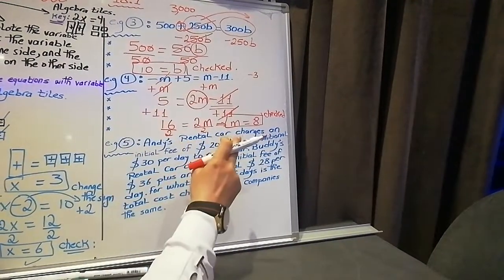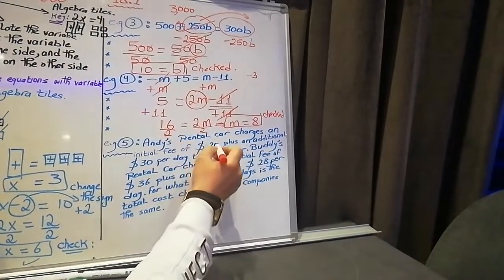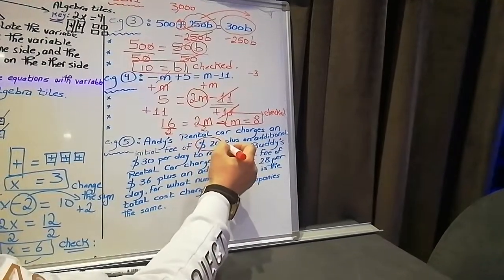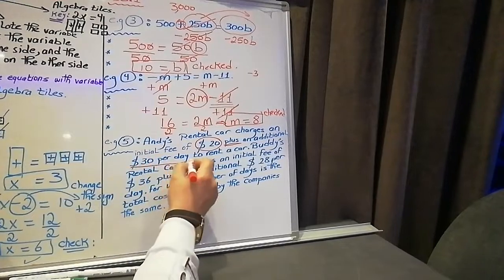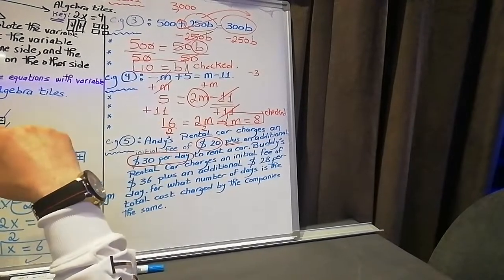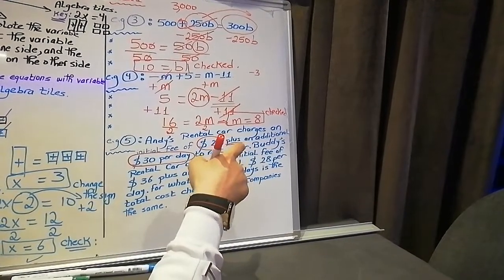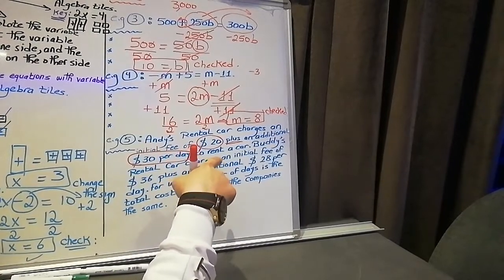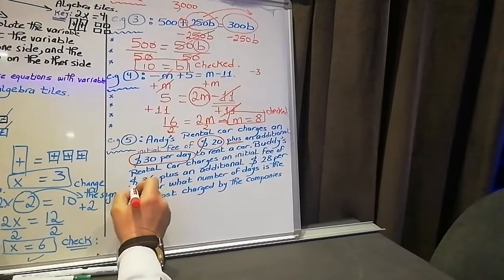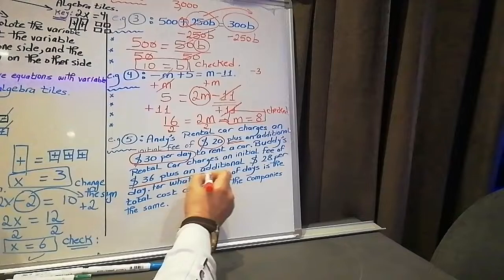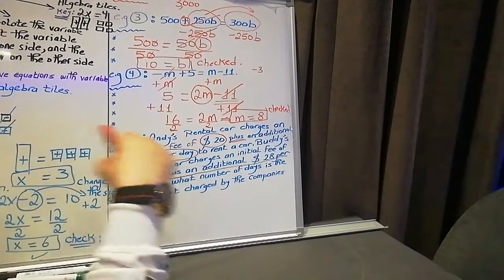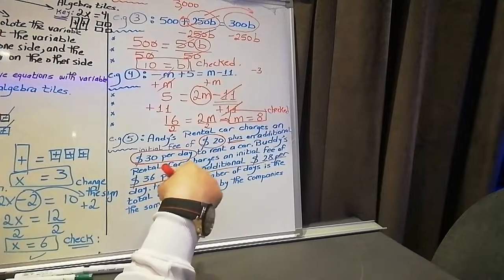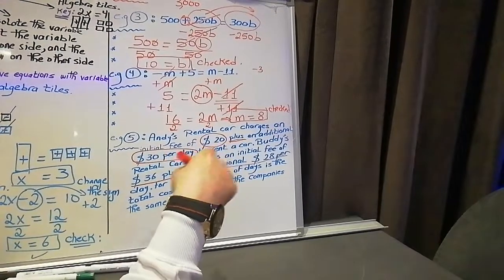And this rental car, guys, charges an initial fee of $20 plus an additional $30 per day. This is the first part. But this other rental car charges an initial fee of $36 plus an additional $28 per day. For what number of days is the total cost charged by the company the same?